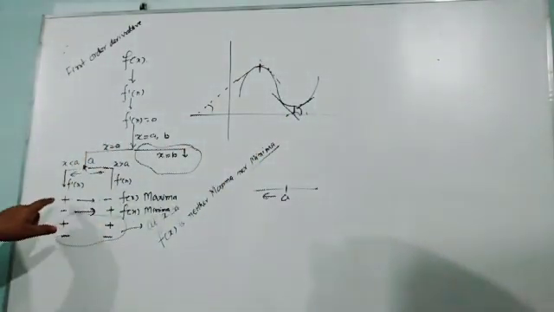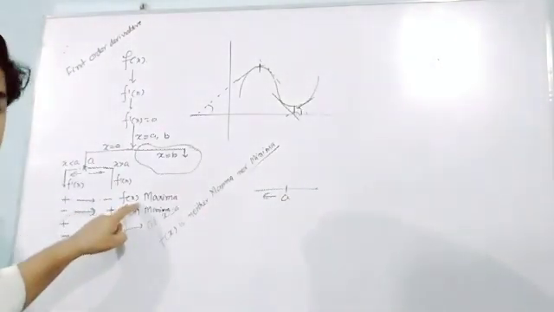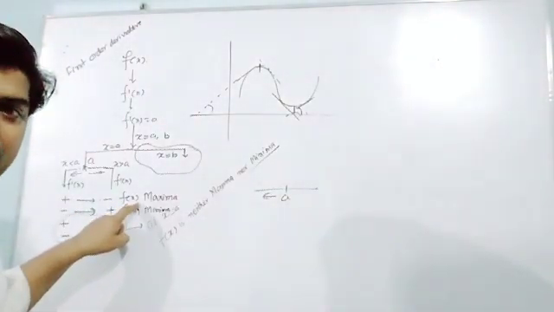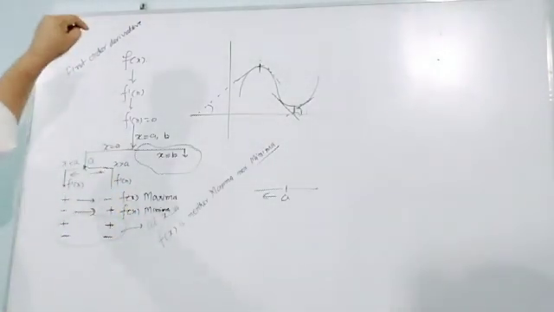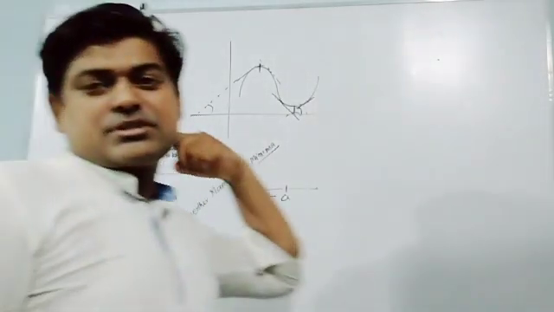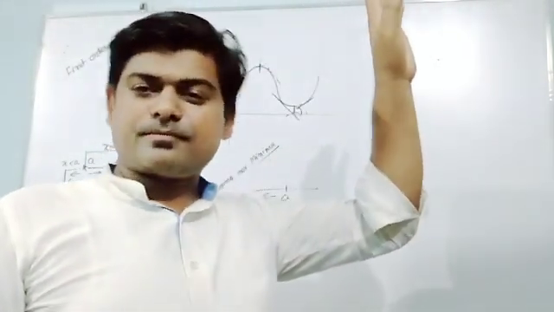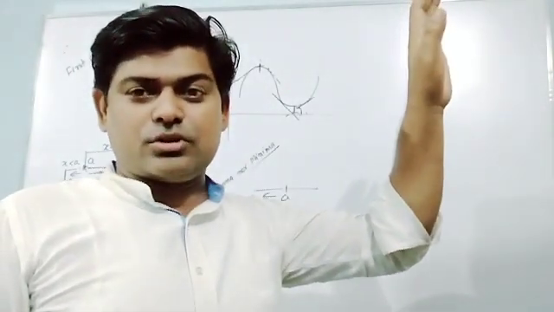And suppose after all these calculations I got that at x is equal to a, our function f(x) is maxima. So to find the maximum value, we have to substitute x is equal to a in our original function. It means f(a) will be the maximum value of the function. Hope you have got all these points.